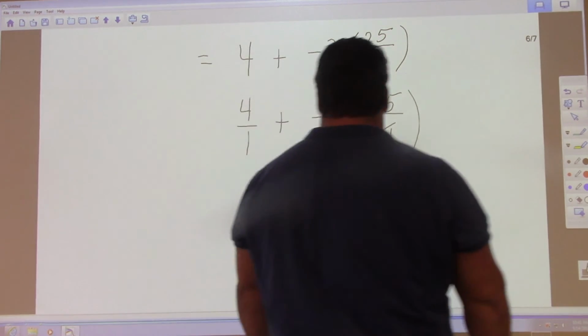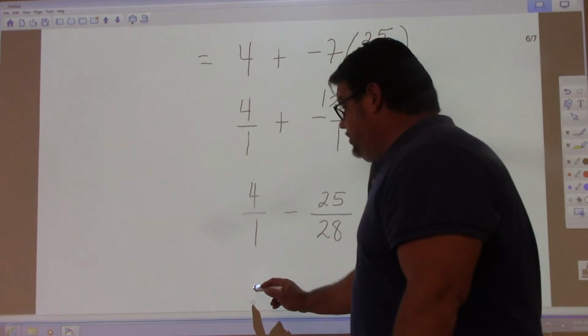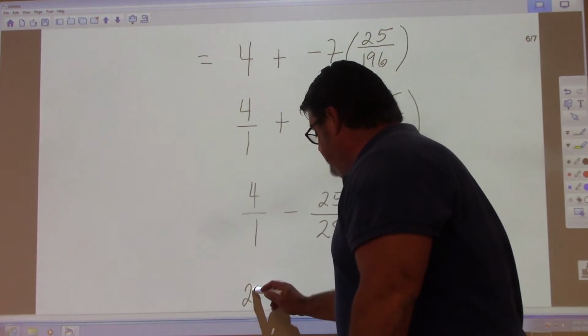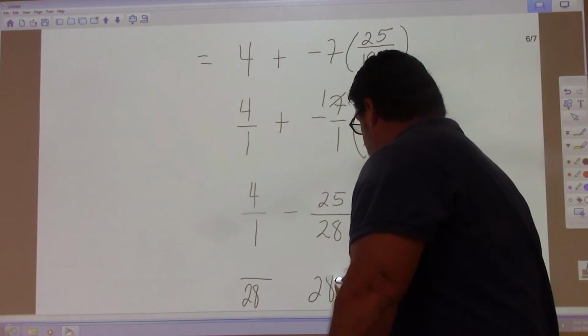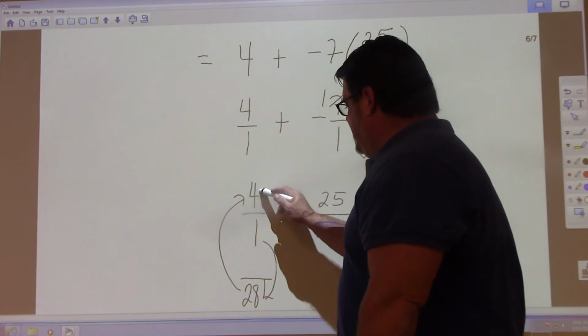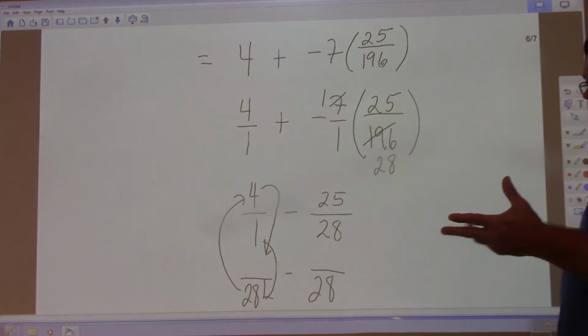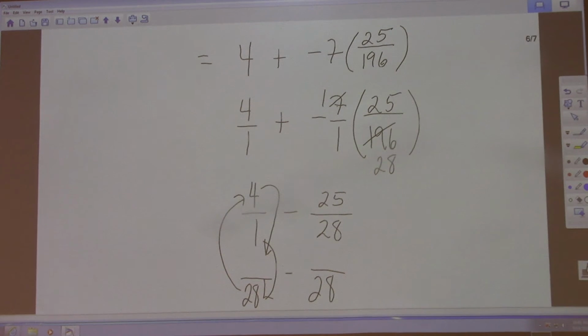Now what you have to have when you add or subtract fractions, you got to have a common denominator. So 1 and 28 is what? 28. 1 will go in 28. 28 times 4, well, 4 quarters is $1, so that's 100.